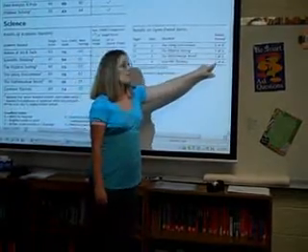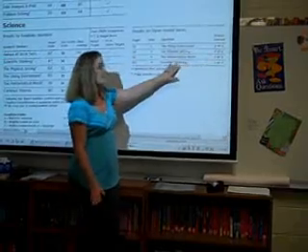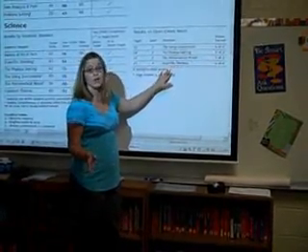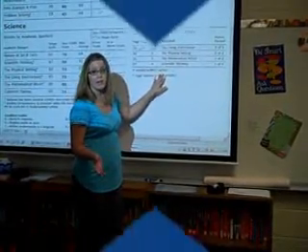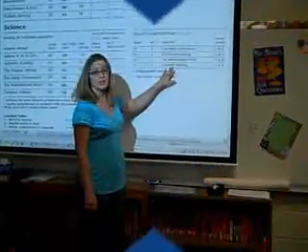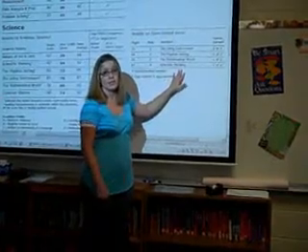The bottom one here, they only got 1 out of 4. So maybe they didn't have specific details. Remember in language class, you really focus on using supporting evidence from the stories and the paragraphs that you read. So that might be something that you could work on not only in science class, but in language class as well.